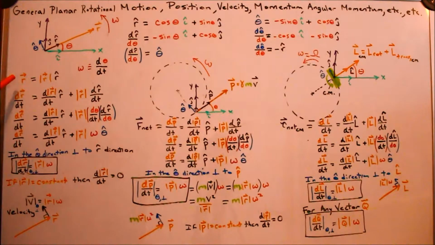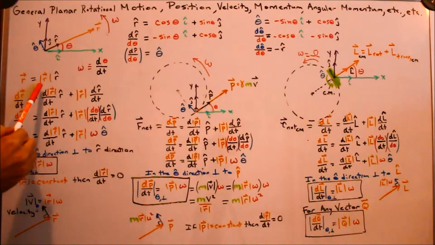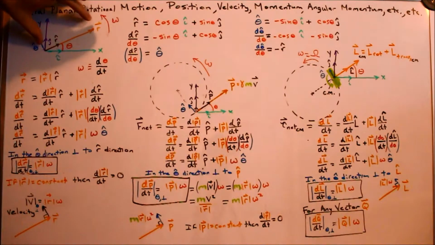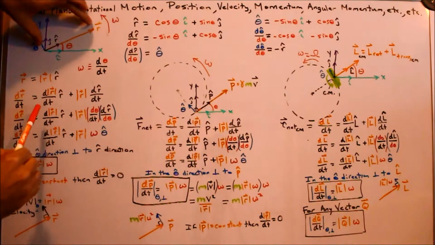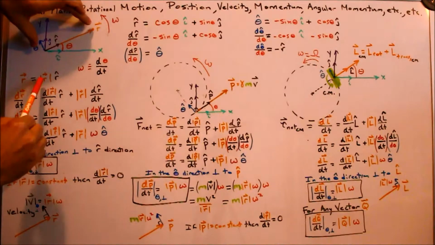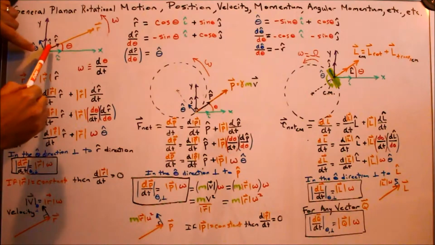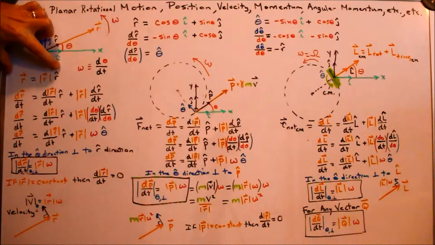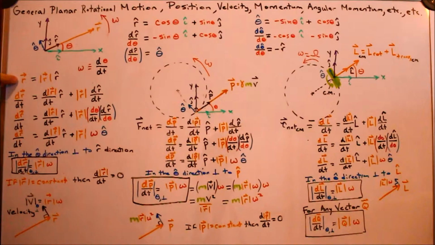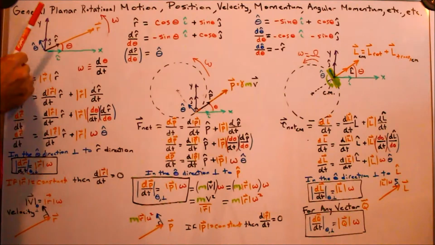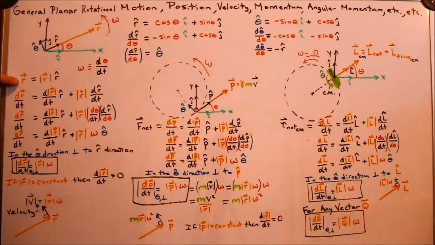Now, the vector r has a length, a magnitude r, and it's always going to be in the r hat direction. Any vector, whether it be velocity or position, is going to have a magnitude in a direction. That's essentially the definition of a vector.